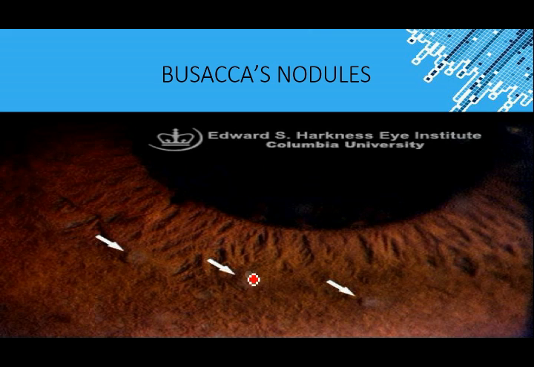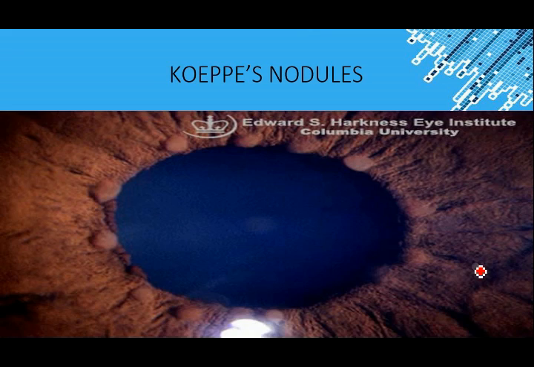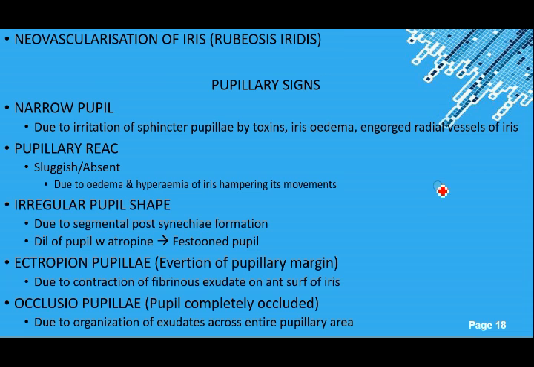This is Busacca nodules, important, at the collarette. Koeppe nodules are at the pupillary margin. Also one more iris sign: neovascularization of iris takes place, again a way of the body to heal. That's called rubeosis iridis.